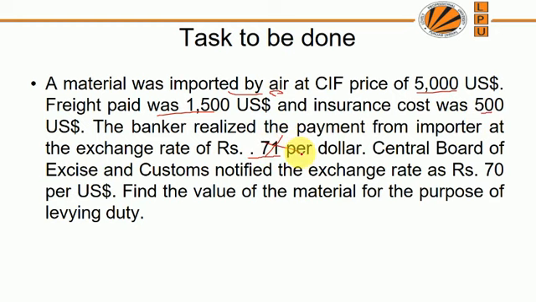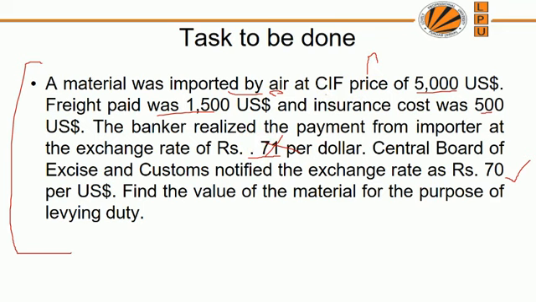We need not see the banker's value. The Central Board of Excise and Customs notified the exchange rate at 70. Yes, I'm going to look for the CBIC exchange rate value only. Though we solved a similar question in the previous video, I'm going to show you the answer for this one also. We will first calculate backwards by the reverse method and calculate the FOB value, to check whether the prices entered here are correct or not.